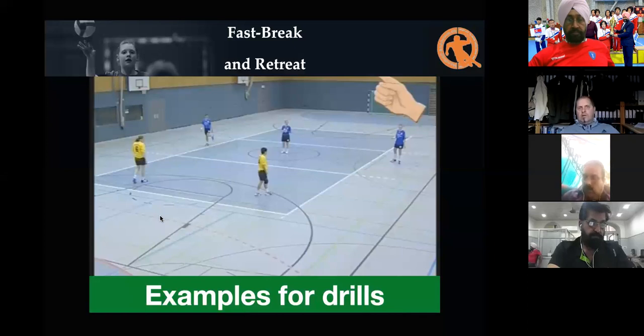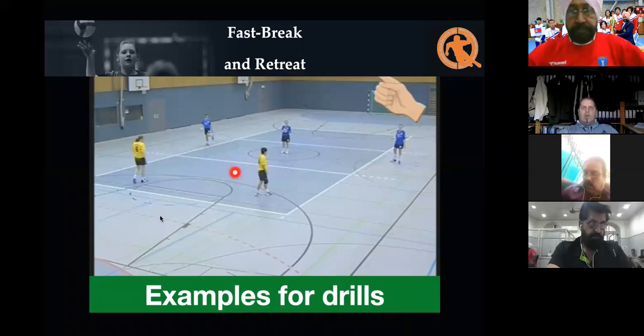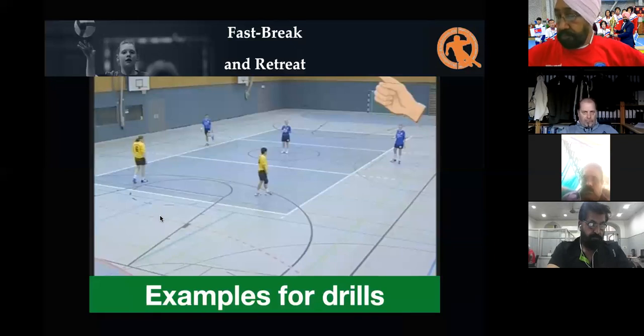So the normal training situation in the evening might be that on one side of the court there's one team, and on the other side there's another team in a training session. We have to divide the court because there are so many teams and so little time. That means that we need some drills for fast break, but in half court only.